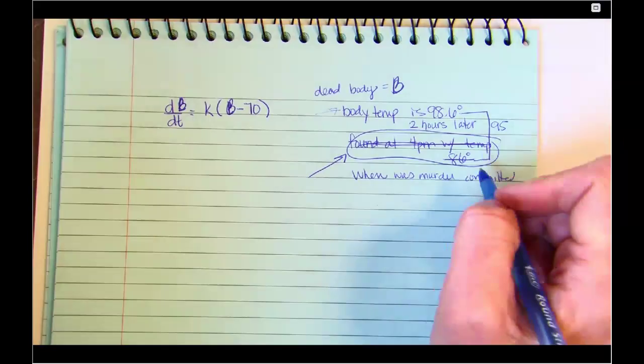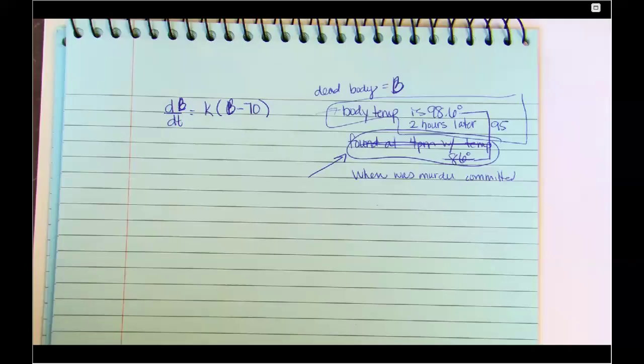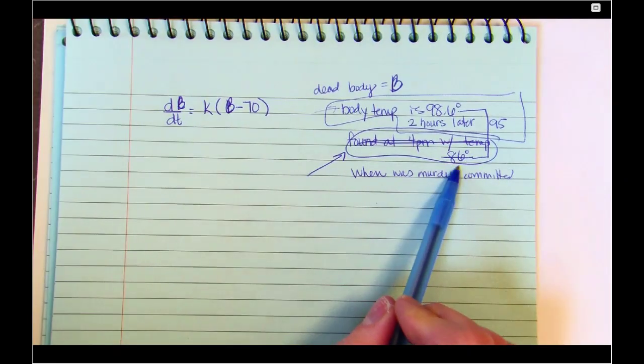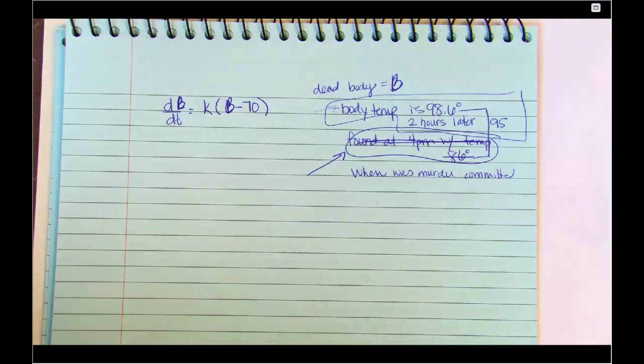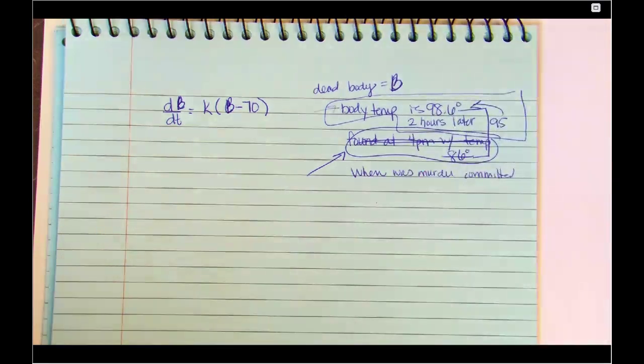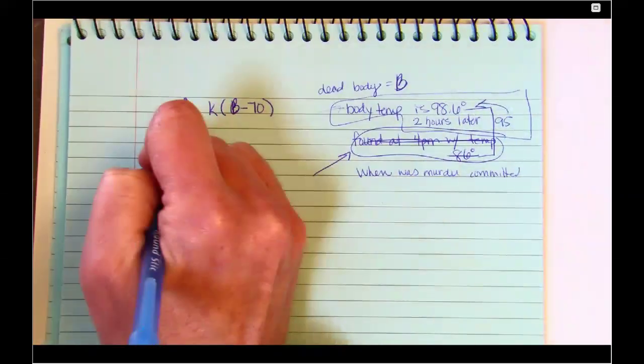Okay, so here's the information you need to get your full equation. Using this information, the 4 p.m., 86 degrees will help you figure out time of death. You can just go with 4 p.m. 2 hours after this. So we're just finding the rate at which the body cools.